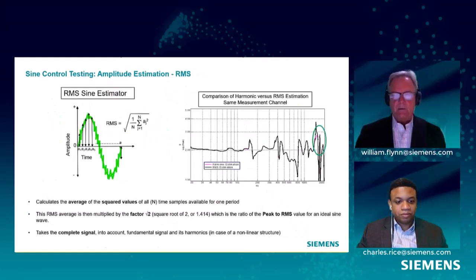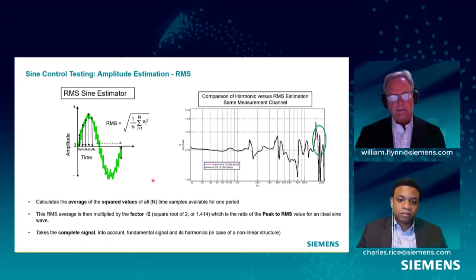This may help you understand also, Charles, the differences here. So this is going to compare to the harmonic amplitude estimator, which is in the purple here, or magenta. This is looking at an RMS estimator, and this is the equation for it. Based on the sample rate, it's going to use that information to quantify the amplitude of this period of sinusoidal response, and it's going to take the RMS value of that signal.